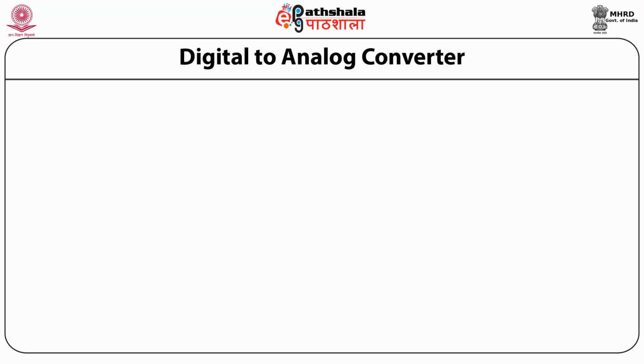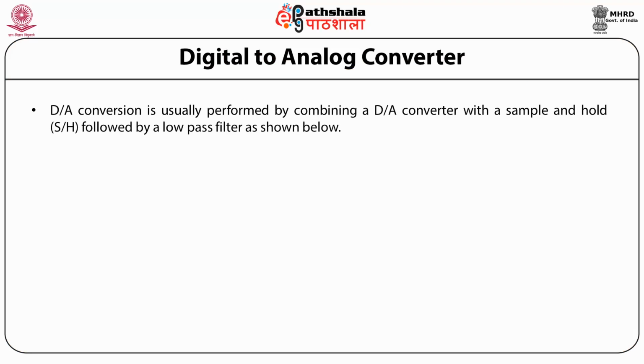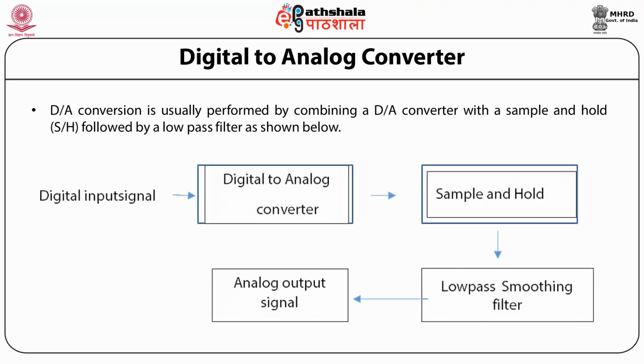Let us now discuss the digital to analog converter. D to A conversion is usually performed by combining a D to A converter with a sample and hold (SH) followed by a low pass filter, which is shown in this figure, where a digital input signal is applied to the D to A converter, then to the sample and hold circuit, then to the low pass smoothing filter, and finally we get the analog output signal.